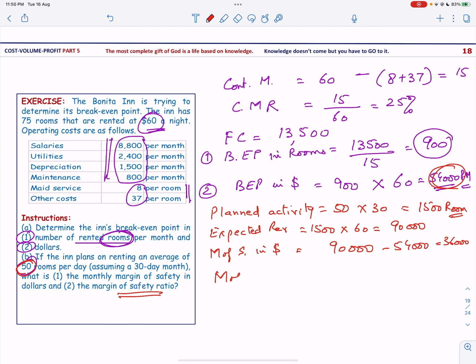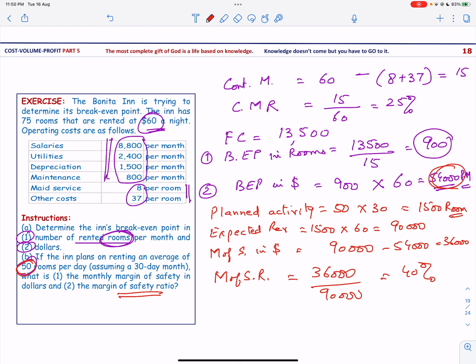So margin of safety ratio will be equal to margin of safety in dollars, that is 36,000, divided by the expected sales of 90,000. So that is equal to 40%.